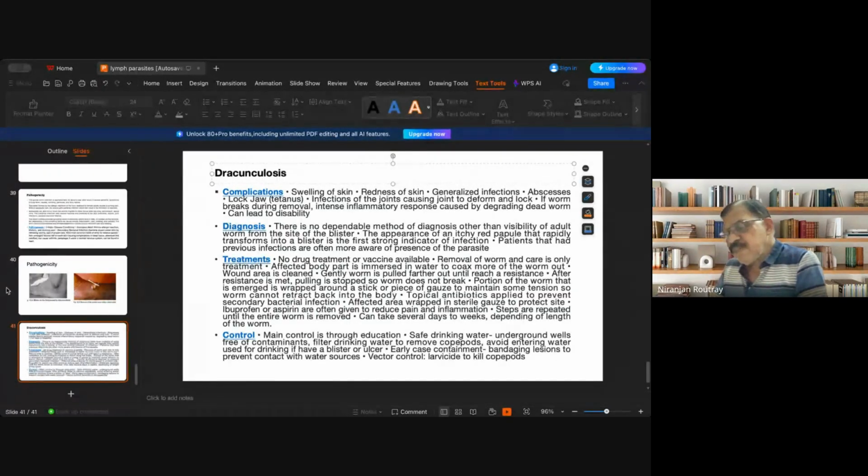Then the next disease carried by mosquito is Japanese encephalitis. Here also it affects the brain, and this is caused by Japanese encephalitis virus. The carrier is the Culex species of mosquito. The susceptible animals are mainly horses.